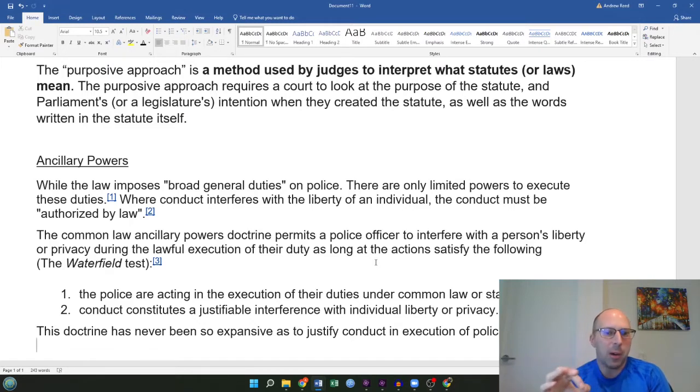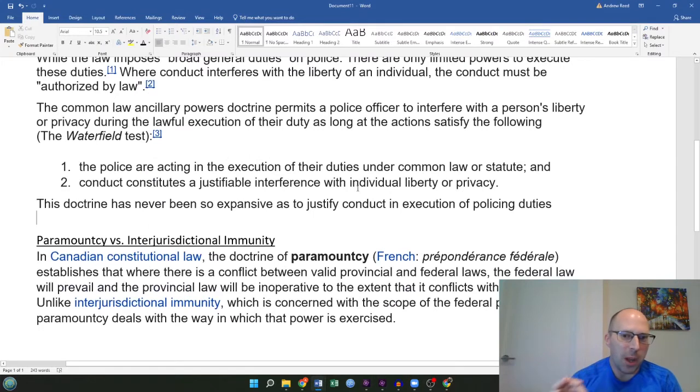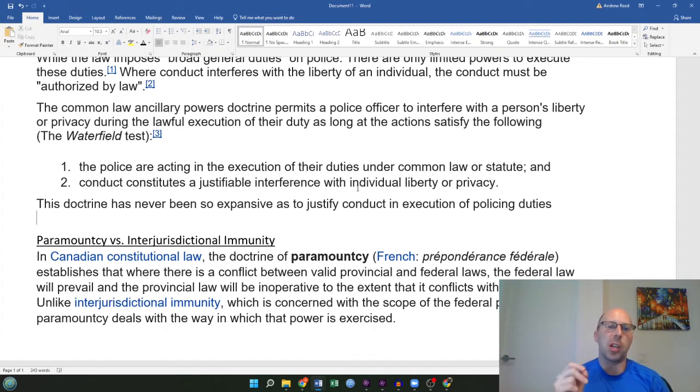So the Ancillary Powers doctrine permits a police officer to interfere with a person's liberty or privacy during the lawful execution of their duty, as long as the actions satisfy the Waterfield test, which consists of 1, the police are acting in the execution of their duties under common law or statute, and 2, the conduct constitutes a justifiable interference with individual liberty or privacy. This doctrine has never been so expansive as to justify conduct in execution of policing duties.